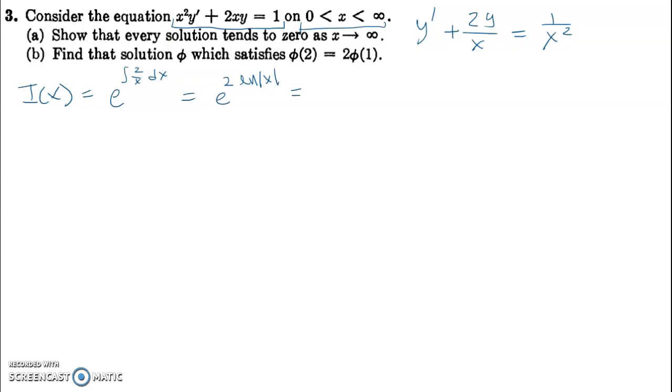So we can just get rid of the absolute value sign and do e to the power of 2 times ln of x. We can rewrite this as e to the power of ln x squared. By doing this, we just get x squared. Okay, so I can multiply x squared to both sides of our equation. x squared.